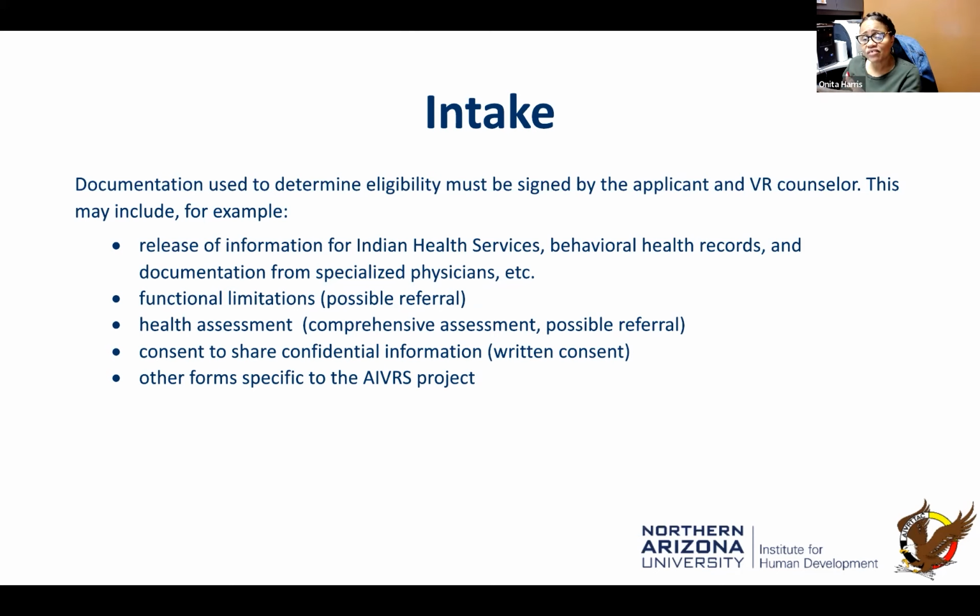And then, of course, if there's not enough information gathered from that, then we would usually refer someone out for an assessment or evaluations. That can include functional capacity evaluations, an FCE, for individuals with physical issues. Sometimes that could be psychological and educational evaluations.